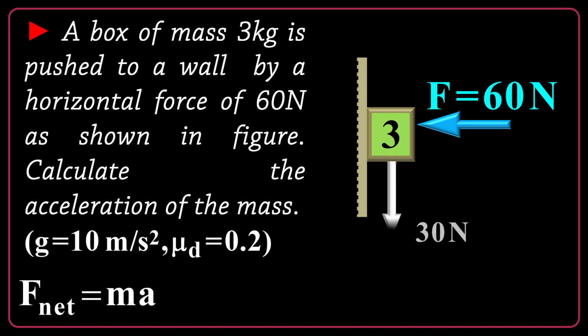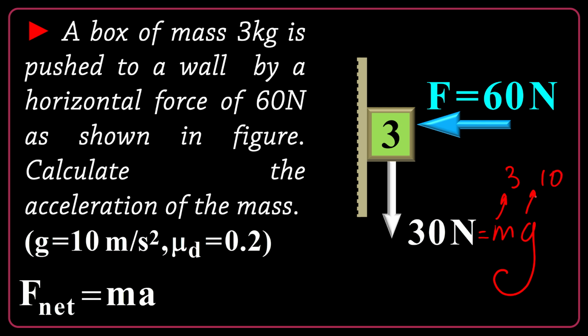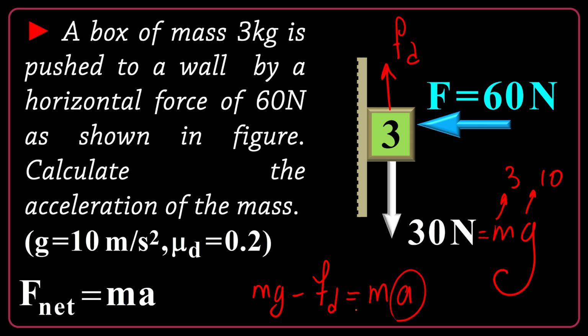The downward force of mg is clear here. Why? Because the mass is 3 and g is 10, so it's 30. There is more likely a dynamic friction, which is opposing that. And if I know that, I can write mg minus dynamic friction is equal to ma, the vertical acceleration.